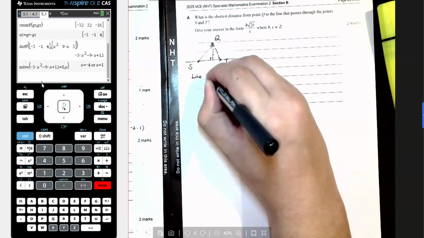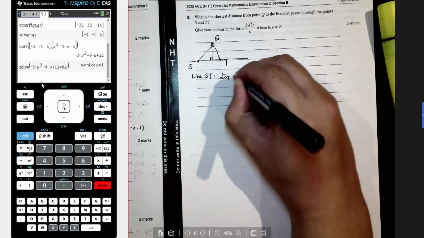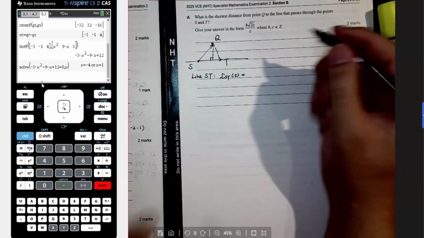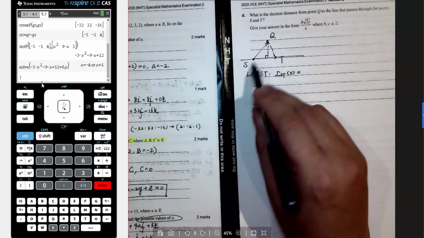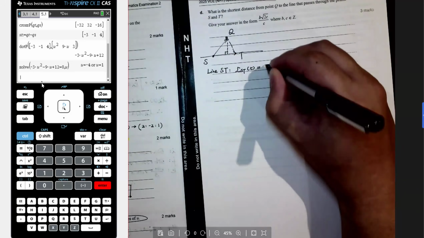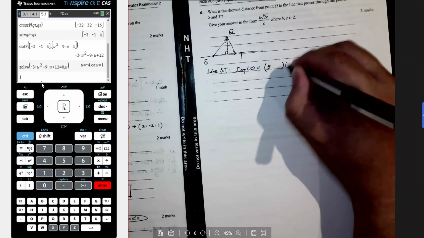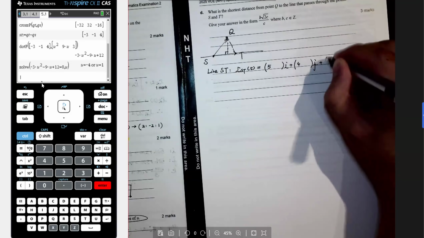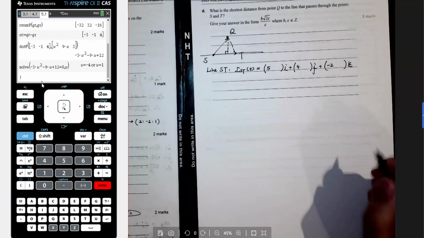So the line ST can be given by r of small t. We may choose the starting point to be S. S has the coordinate 5i plus 4j plus -2k, something along this line.